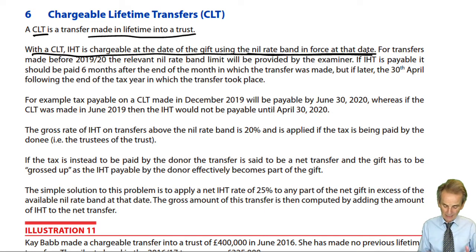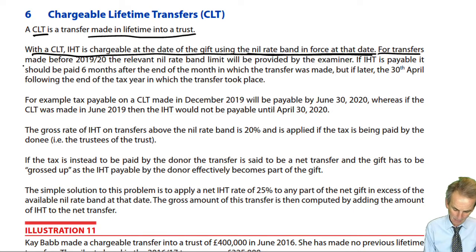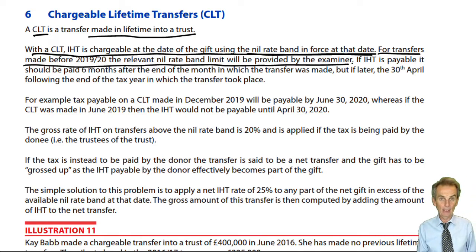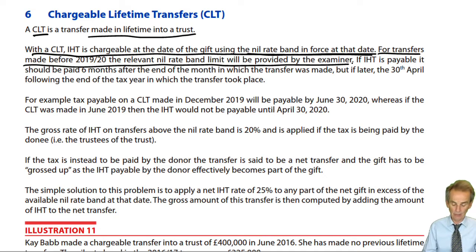Therefore, if you were to go back for transfers made before 2019-20, the relevant nil rate band will be provided by the examiner. From 2009-10 onwards, it's been 325,000, but whatever earlier tax year, they'll tell you what the nil rate band is, even if it's just simple confirmation that in that tax year it was still 325,000. But if I go back to 2008-09, I find a figure lower than 325,000.